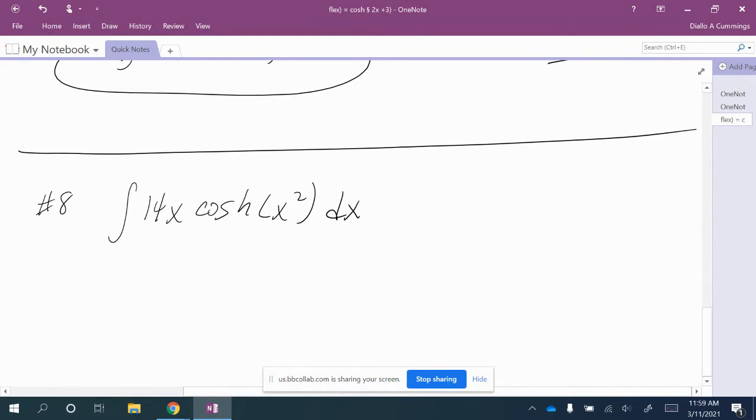All right, so the first thing I'm going to do here is try to write everything in terms of the variable u, right? Because we have a formula to integrate the hyperbolic cosine of u, not the hyperbolic cosine of x squared. So my first thing I'm going to substitute is u equal to x squared.